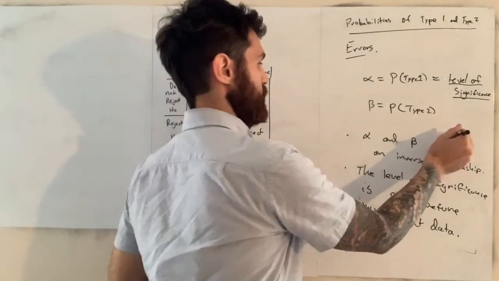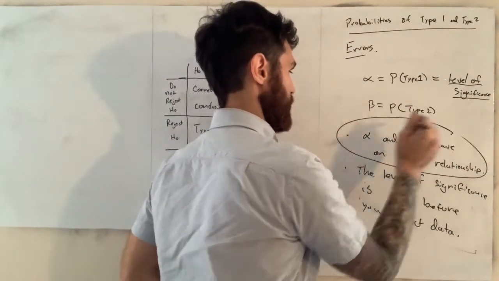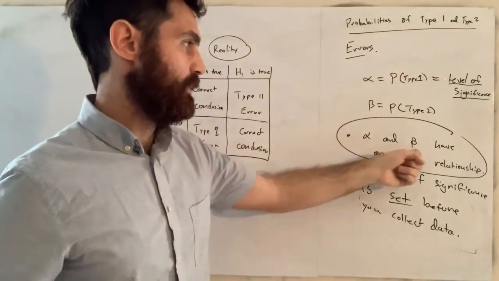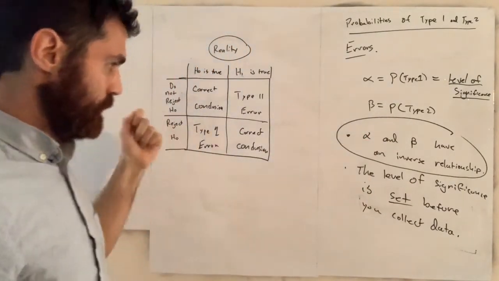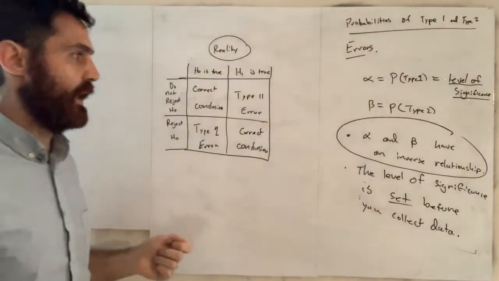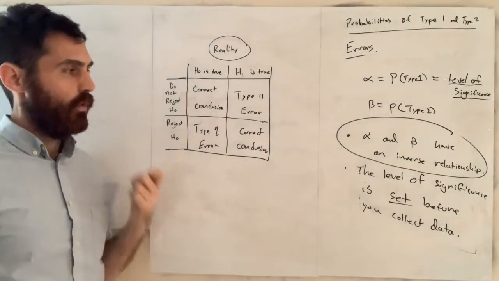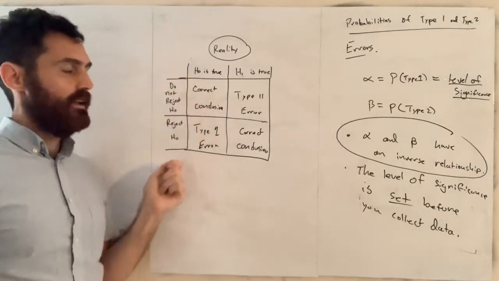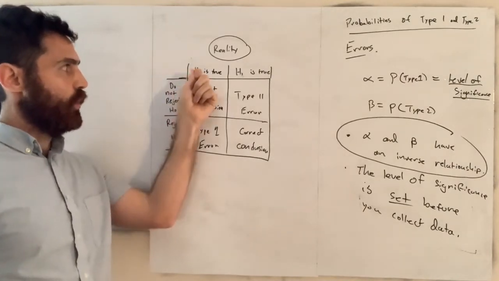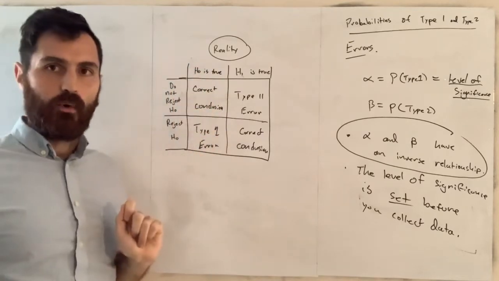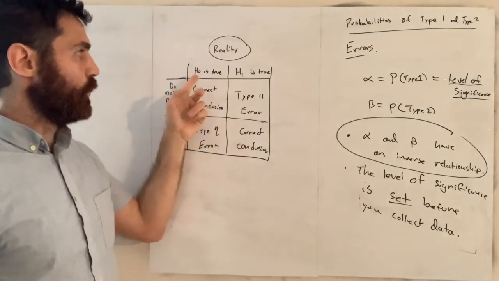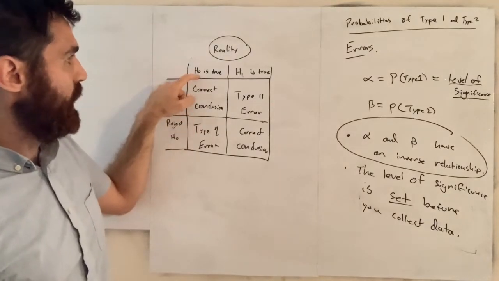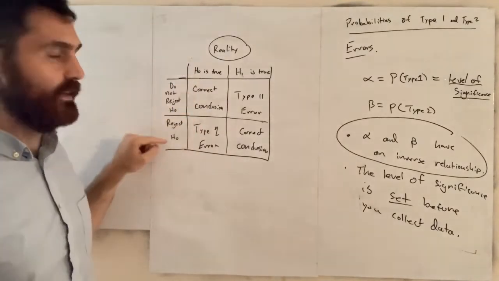Now, what's this second point that I wrote down, or I guess the first point? The first point is that alpha and beta have an inverse relationship. So that's why I started talking about that. What does that mean? Well, think of what we had to do to minimize our type 1 error. We had to make it really, really difficult to find an innocent person guilty.